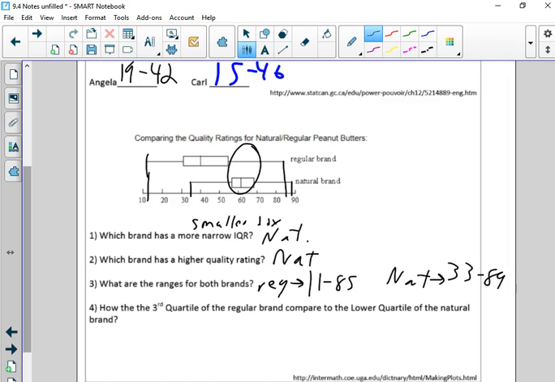Now, the third quartile, remember, that's this line and this line. How the third quartile of the regular brand compares to the lower quartile of the natural brand. So, my bad. So, for this one, listen please. They're comparing the third quartile of the regular brand with the lower quartile, Q1, of the natural brand.